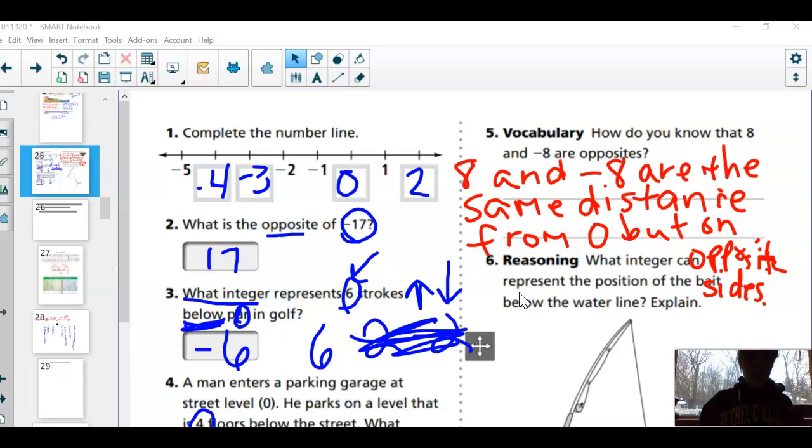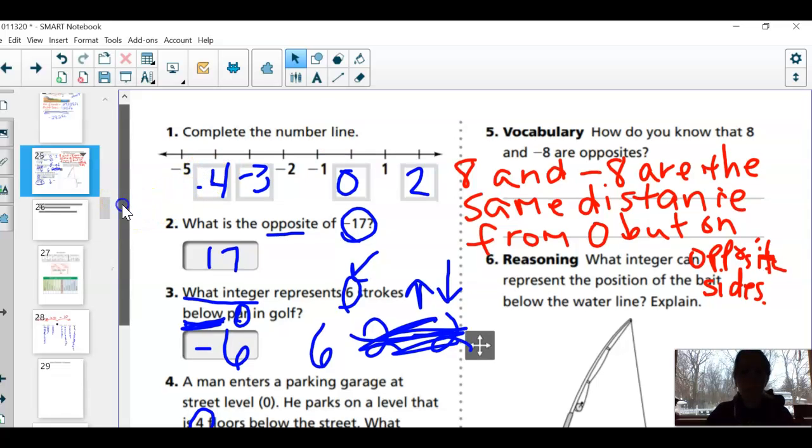If you wrote something like I did, este es excelente. 8 and negative 8 are the same distance from 0, but they are on opposite sides of 0. Okay, so they are the same distance, but on the other side of 0.